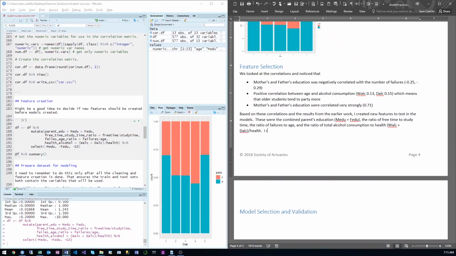I removed the MEDU and FEDU columns to avoid having a linear dependency.